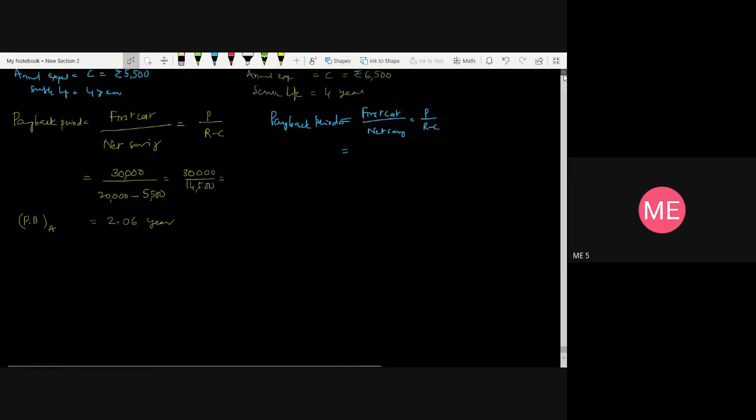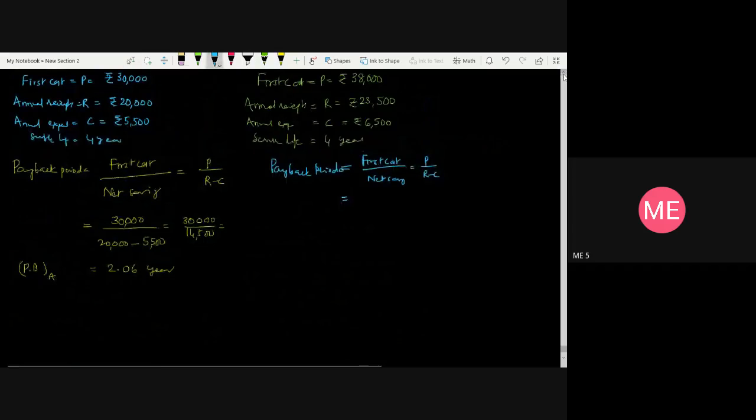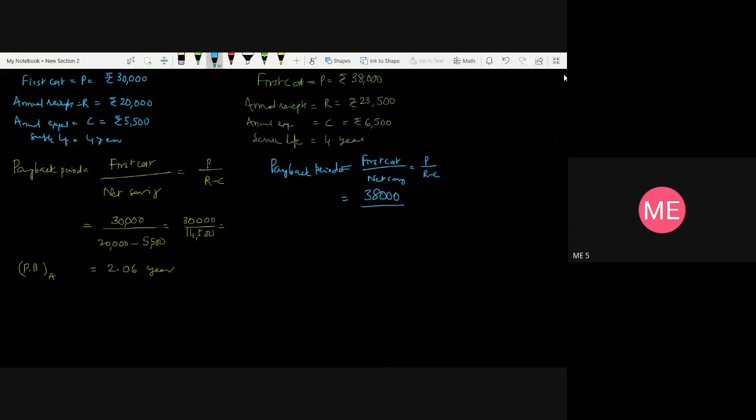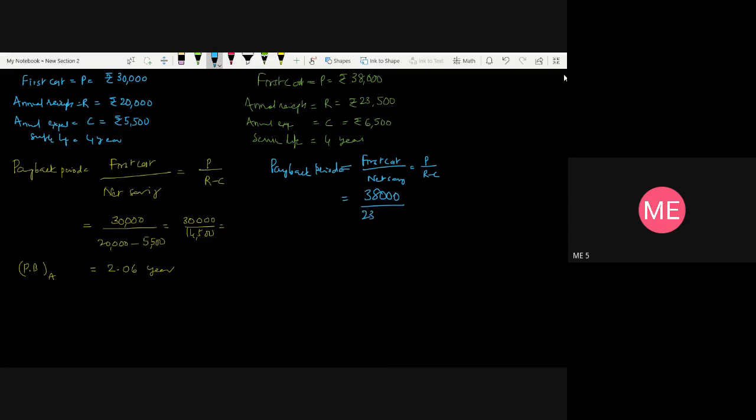The first cost is 38,000, divided by 23,500 minus 6,500, which is 17,000. So you'll get 2 point something, 2.23 years. This is the payback period for machine B.